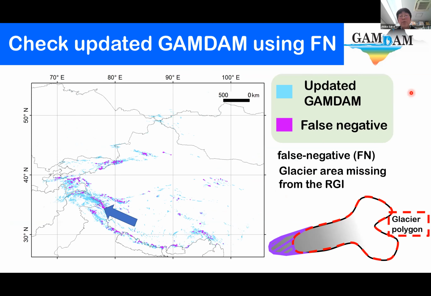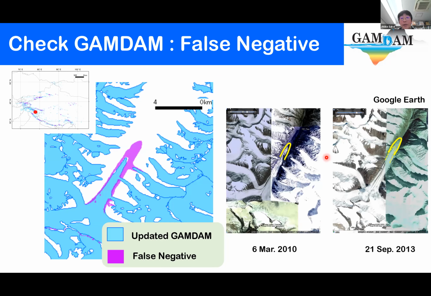And next is the false negative area, in other words, glacier area missing from the RGI. There are many purple dots in Karakoram, so I have checked the detail. This is one example of false negative in Karakoram. This picture came from Google Earth.